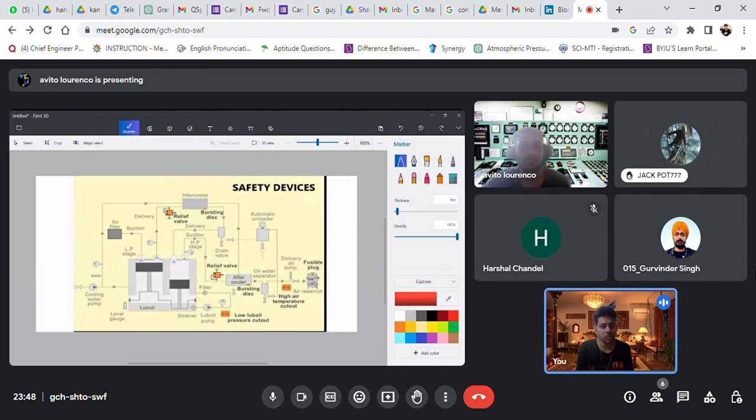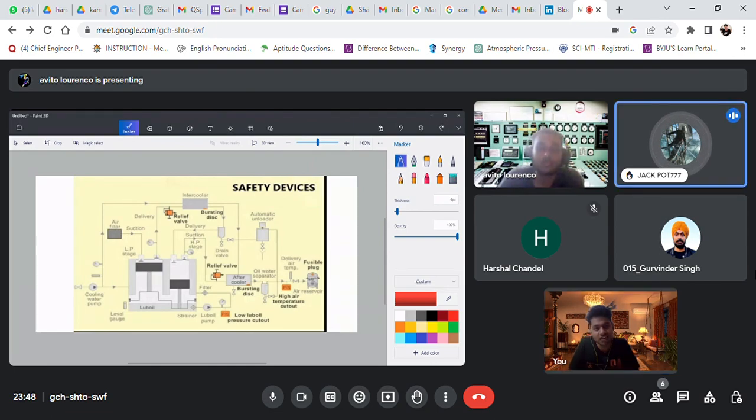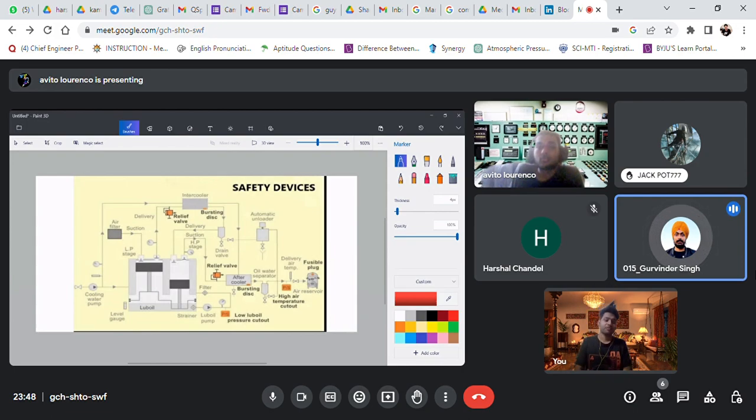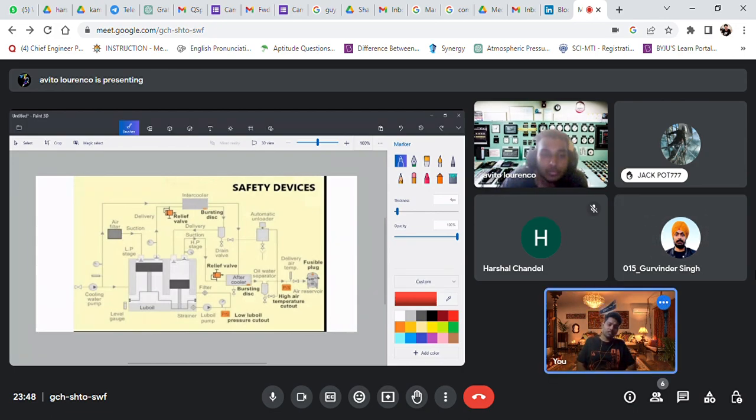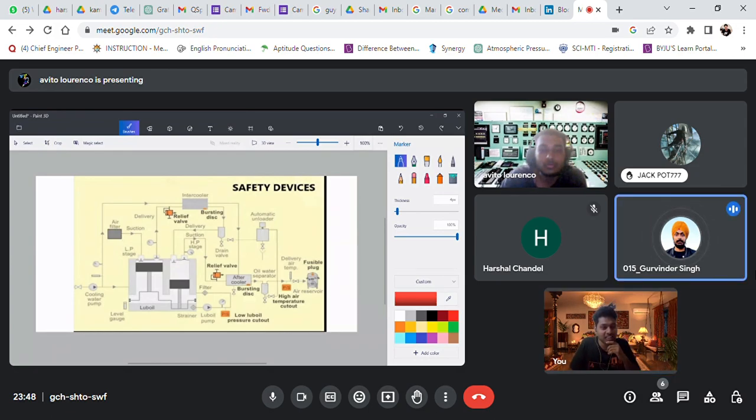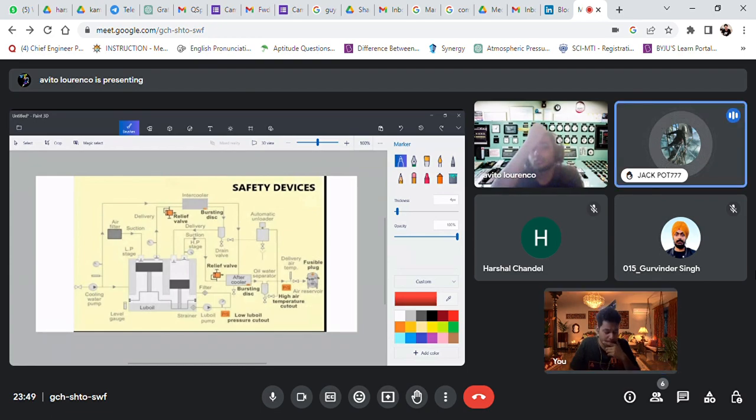The low temperature system is around 60 degrees max. The high temperature water is cooled by the low temperature water, and the low temperature water is cooled by the sea water.